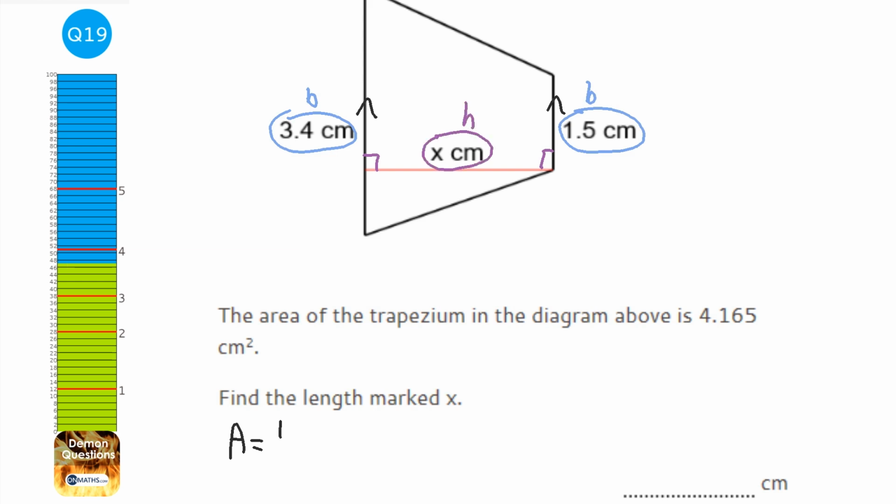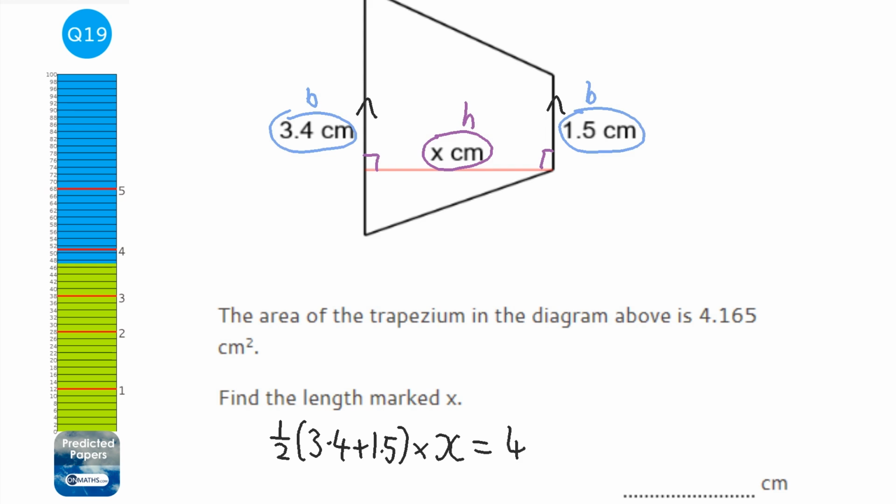So it's going to be half times 3.4 plus 1.5, and we're going to times it by the height, which is labelled as x. Now we know that the area is 4.165.